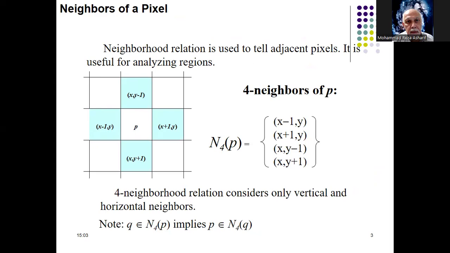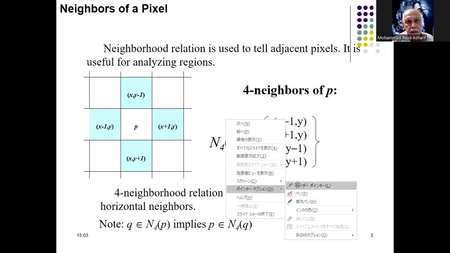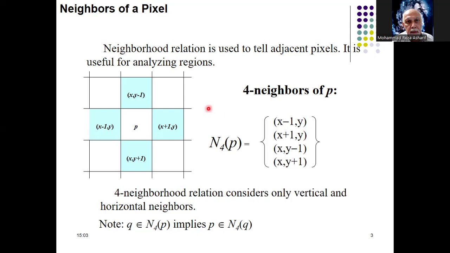The four neighbors are X, Y minus 1, X plus 1, Y, X, Y plus 1, and X minus 1, Y. So these four pixels are neighbors of P. We call it four neighbors, and we write it N4(P).